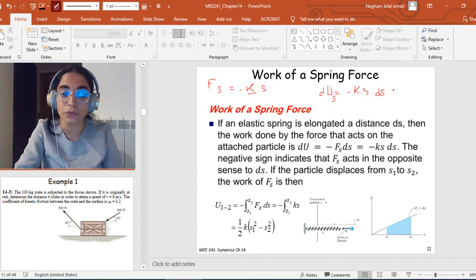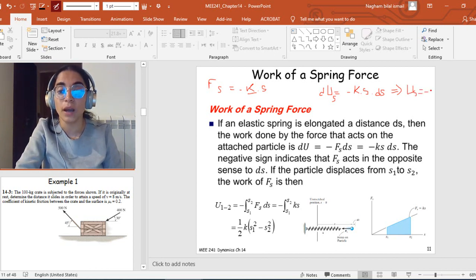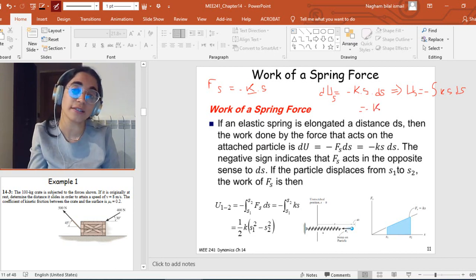Now, if I want to do the integration, this means that Us is equal to minus the integration of ks ds. I can remove k from the integration since it is a constant that depends on the type of spring.